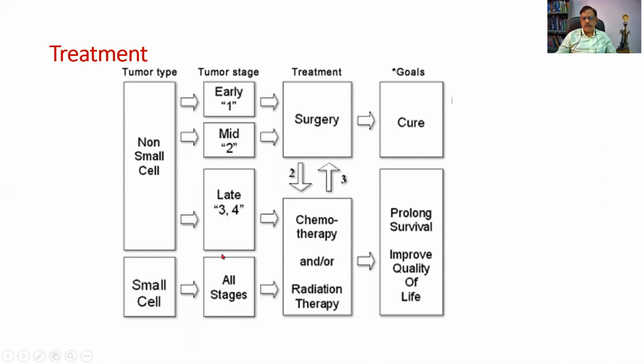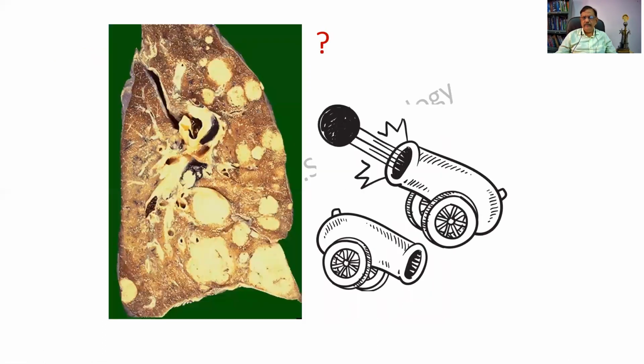So small cell carcinoma, non-small cell carcinoma. It is easy for you. Kindly follow it without panic. And I hope you people will be able to recollect this picture. It is a cannonball appearance of a metastasis.